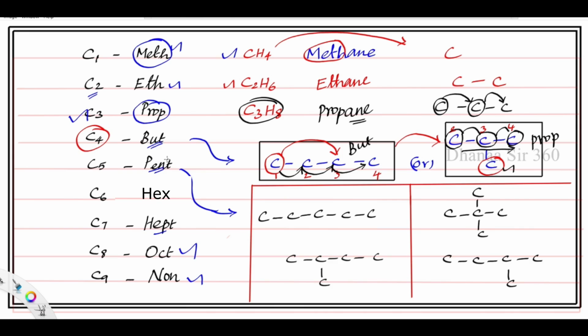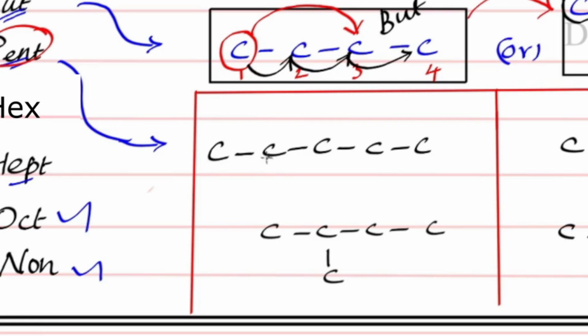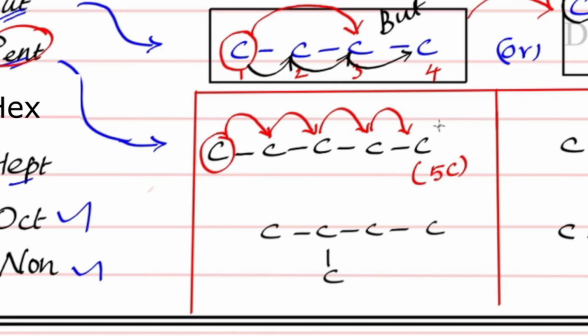Next we go to pent as a root word. Suppose we take the C5 system. Listen here, the first carbon is connected with the second carbon and also the third, fourth and fifth. There is a continuous chain in the first compound made up of 5 carbons. So this is called pent, the parent hydrocarbon, and we number the carbons 1, 2, 3, 4 and 5.